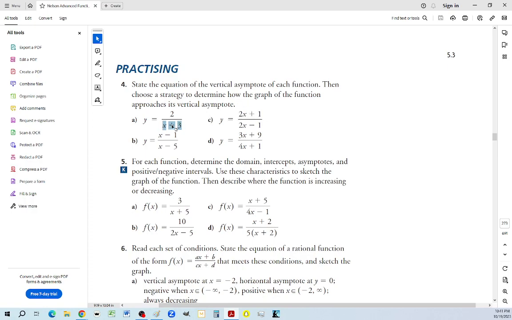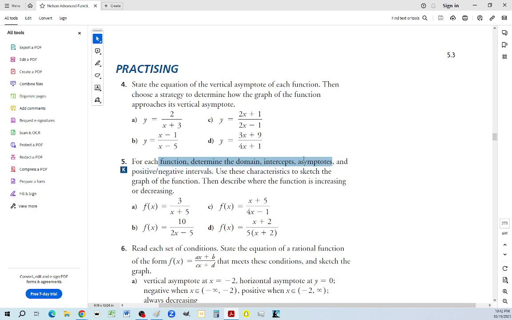You get 2 divided by an infinitesimally small number, so it's going to be approaching like 2 million if you divide by a smaller and smaller number, which means to the left of it is going to be negative, so it's going to approach negative a million. To the right of it is going to be positive, so it's going to be approaching positive a million. And that's what happens as it approaches. Do the same for all of them like that. Just take a number that's very close on the right side of the vertical asymptote and on the left and determine what your y is approaching.